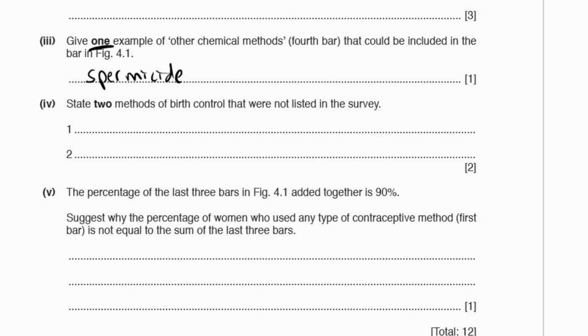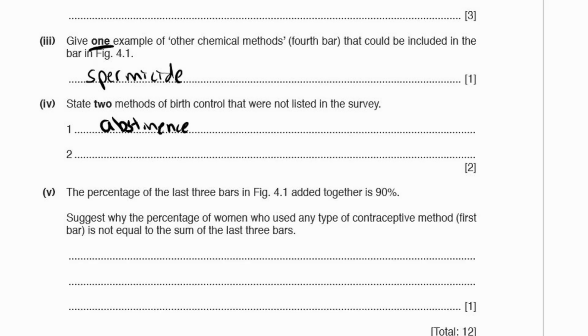4. State 2 methods of birth control that were not listed in the survey. Again, there's quite a few methods you could use, though not as many as there are for chemical methods. You could say abstinence. A great method of birth control is not having intercourse, so abstinence is the most effective way of not getting pregnant. But there's other methods that can be used.